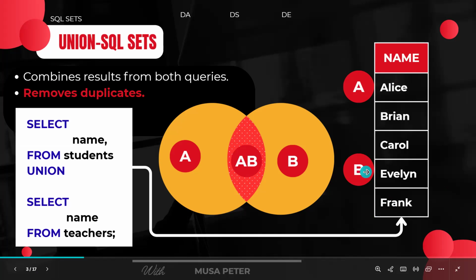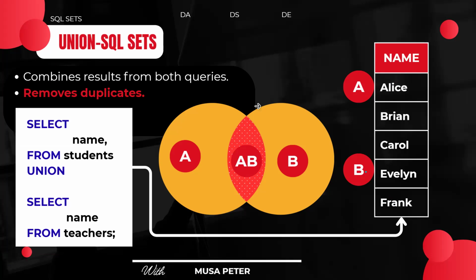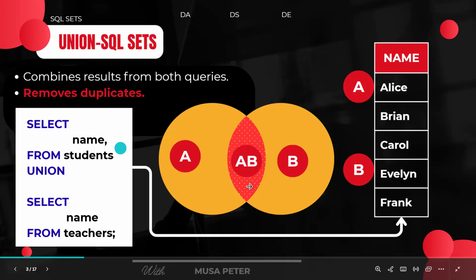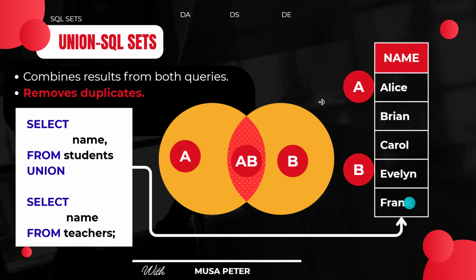Now, one thing you realize is that whenever you use sets, you expect the result to have an increased number of rows or a decreased number of rows. For example, our students table had only 3 values, and our teachers table had only 3 values. But when we combine the results of the 2 tables, what we get is 5 rows. So in this case, there is an increase in the number of rows.